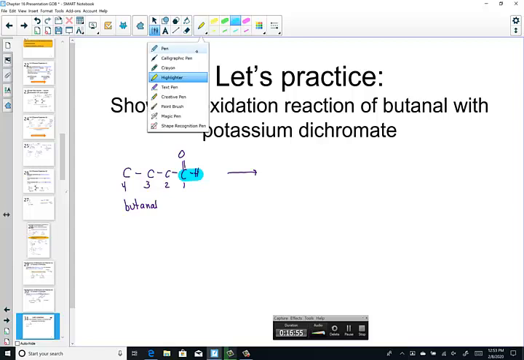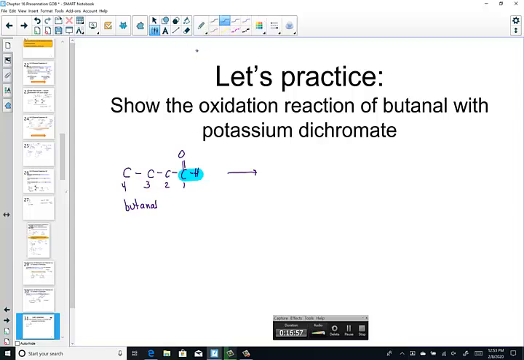So just making sure you see oxidation, removing a carbon to hydrogen and exchanging it into a carboxylic acid at the end. So we'll go back to show our 4 carbon chain. And at the end, we have a carboxylic acid functional group.